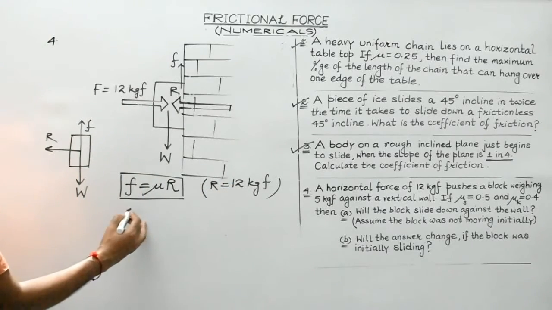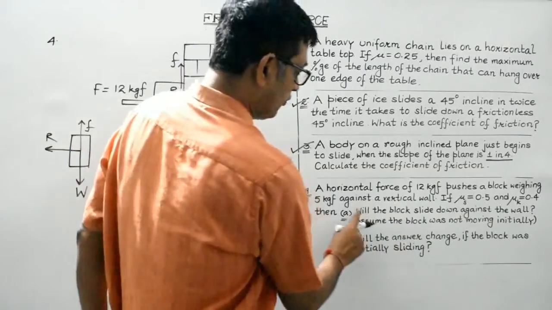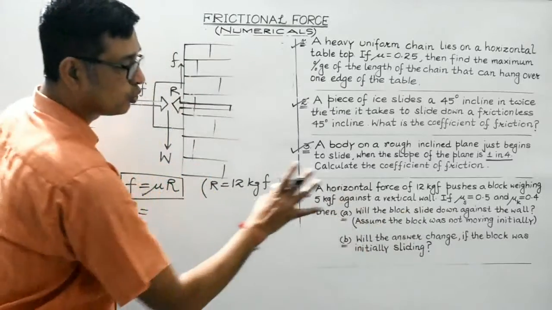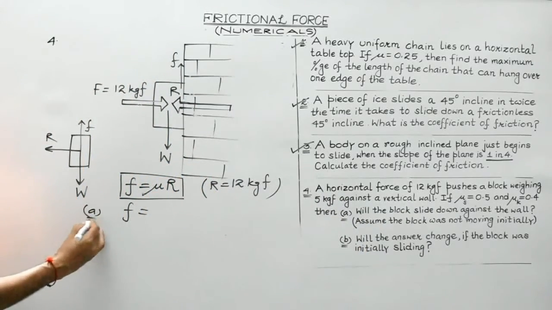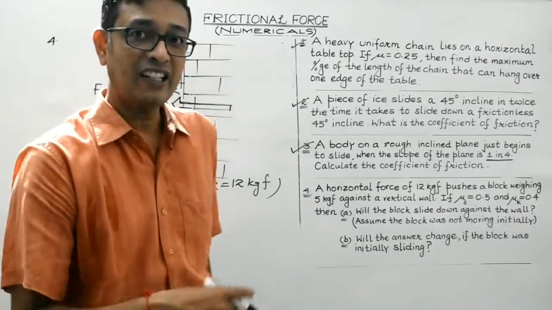So let's first find out the force of friction. Now the first part is: will the block slide down against the wall? We are supposed to consider that the block was not moving initially. So in case A, it is not moving, so we are supposed to find the static friction.